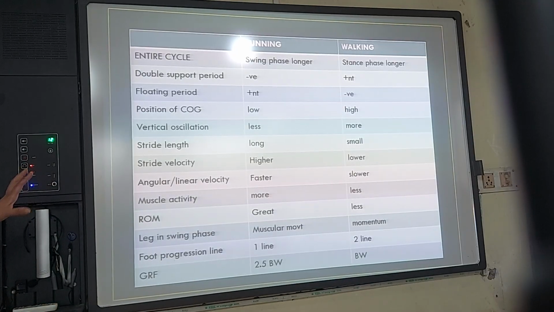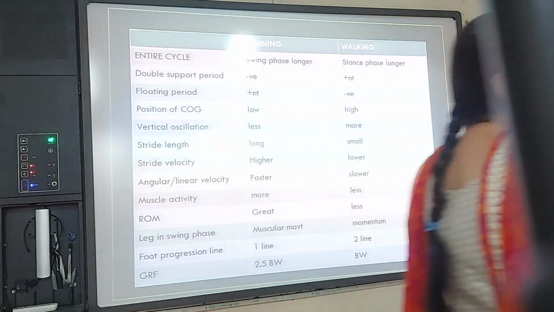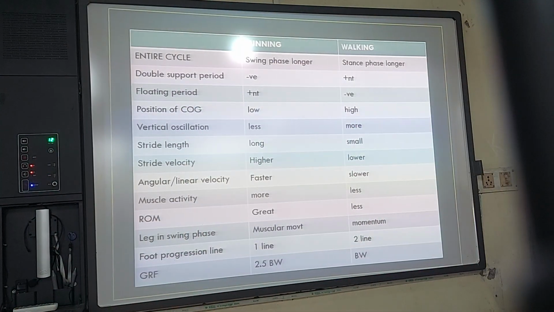Okay. Now this is what is very important: what happens when we walk and what happens when we run. If you see for yourself, in the entire cycle, in running the swing phase is longer, whereas in walking the stance phase is longer. Fine.